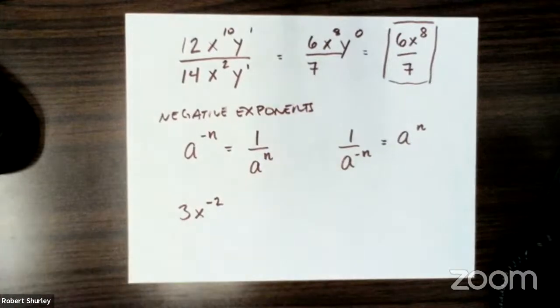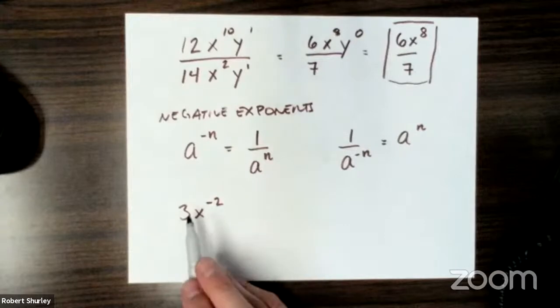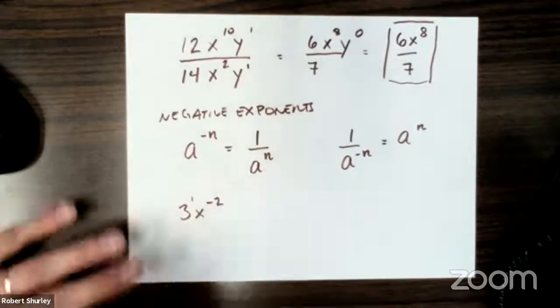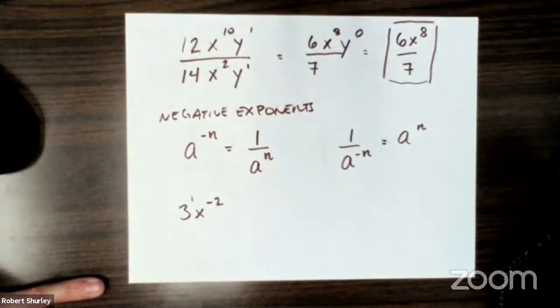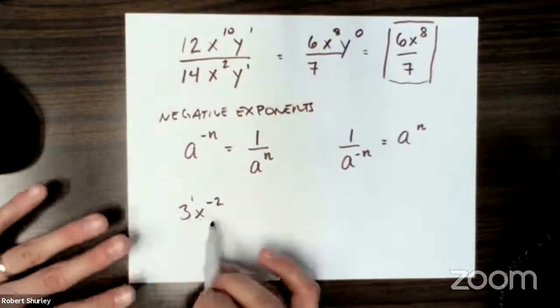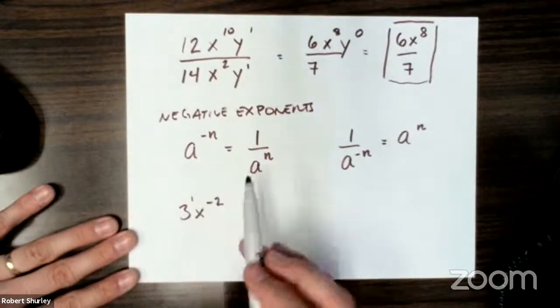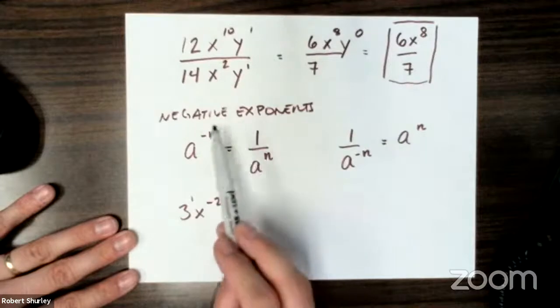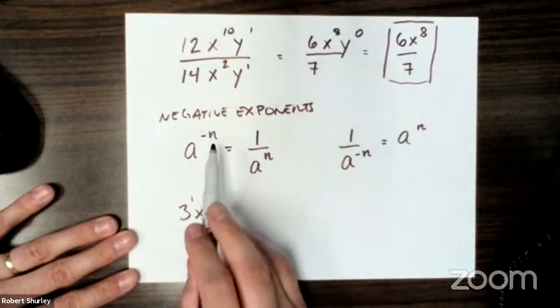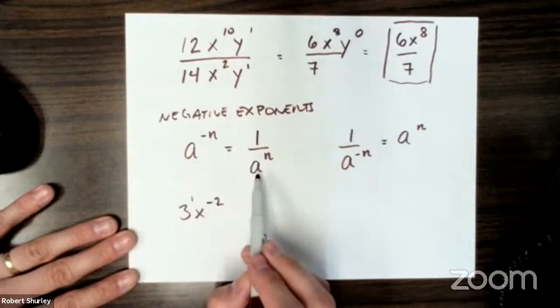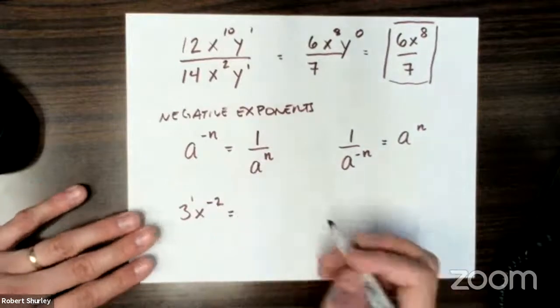Now we have to be careful. The only thing that has a negative exponent is the x, not the 3. The 3 is raised to the first power, so the 3 is going to stay put, but we have to move this negative exponent with this exponent rule. It says if we have a negative exponent, we move it to the bottom and it becomes positive.